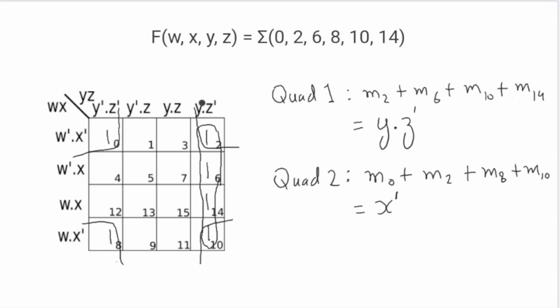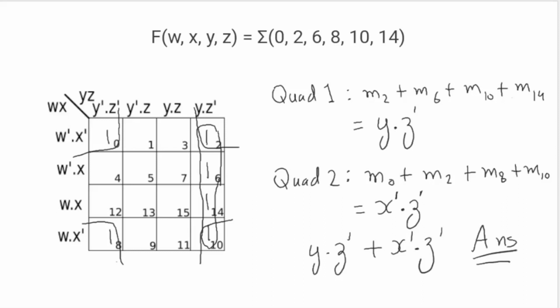Now we'll see on the top over here and here, Z complement is same and Y is changing, so we'll take Z complement. The final answer will be Y dot Z complement plus X complement dot Z complement.